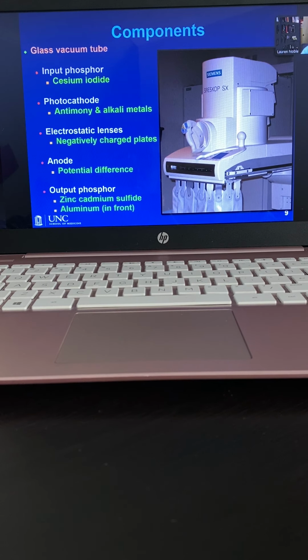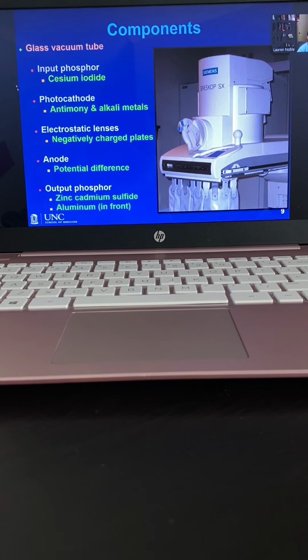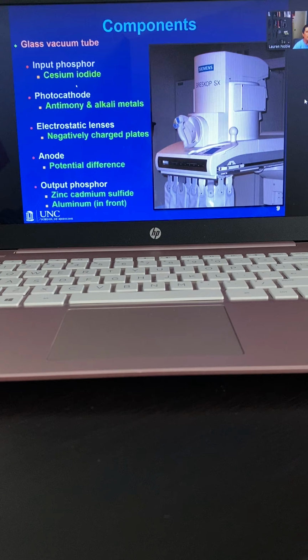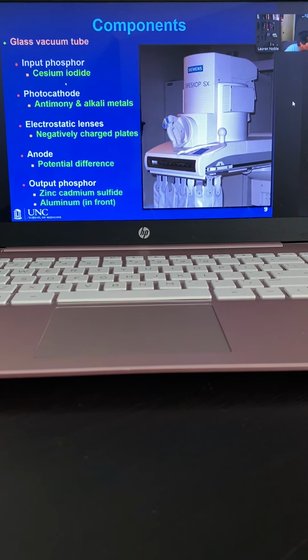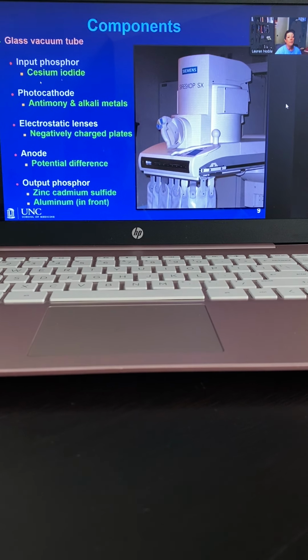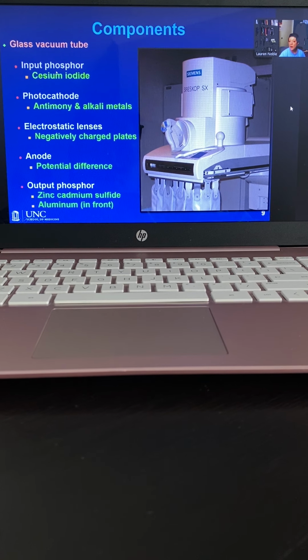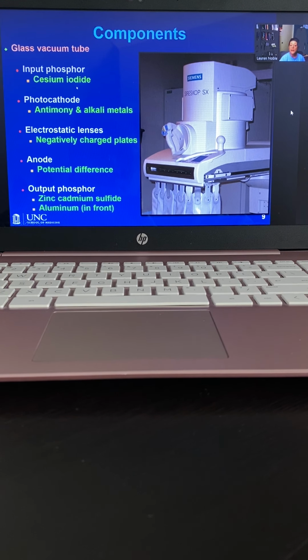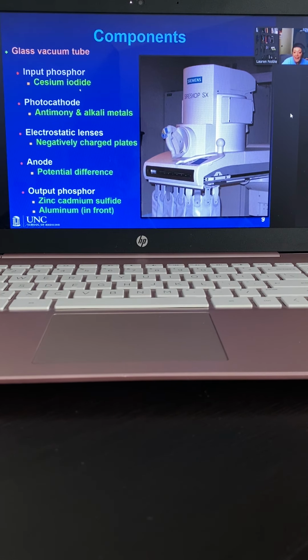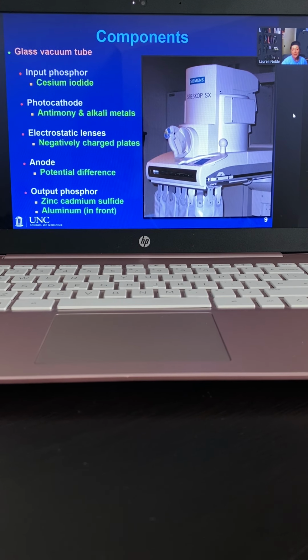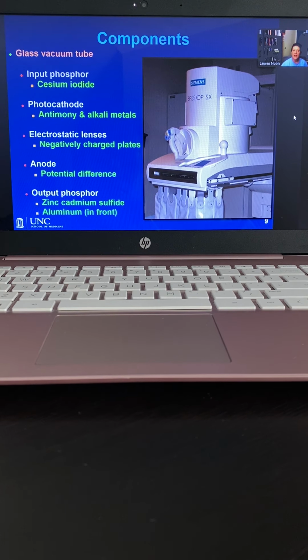In terms of what these are made of, the one that I really care that you know the composition is the input phosphor. The input phosphor is made of cesium iodide. And that's not a stranger to you. We've talked about cesium iodide. What does cesium iodide do?